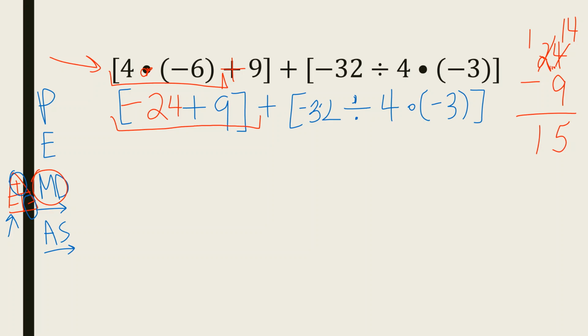Now you might be asking, why are we subtracting? So if we just draw a quick little number line right here, we start at negative 24 and we add 9. So since we're adding, we're going to move 9 spaces to the right, which will be a greater number than negative 24, which is negative 15.